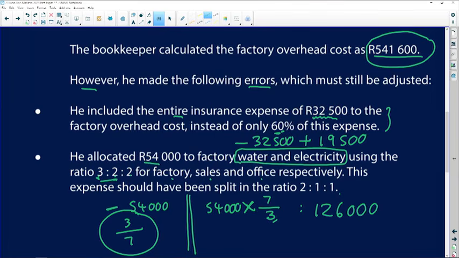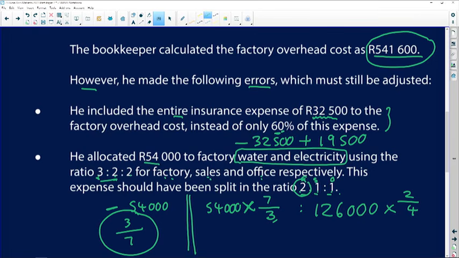I now need to split this according to the ratio 2:1:1, factory, sales, office. So the factory's portion is 2 out of 2 plus 1 plus 1, 2/4, or half of this belongs to the factory.